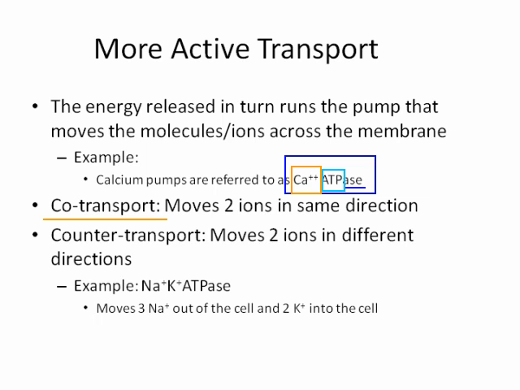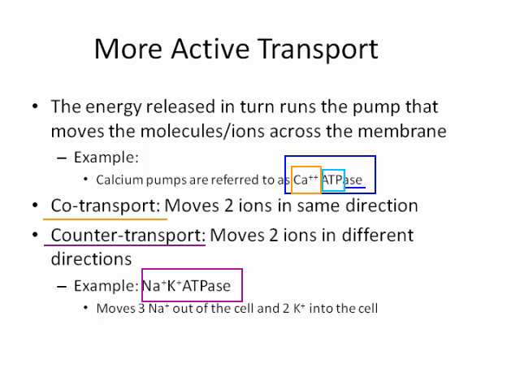The other variety of transport pump that we have here is countertransport. And countertransport here, as you might suggest or think about, is going to take two ions and pump them in opposite or opposing directions. And the good old standard example of that is sodium-potassium ATPase.